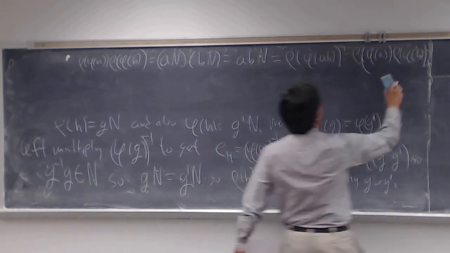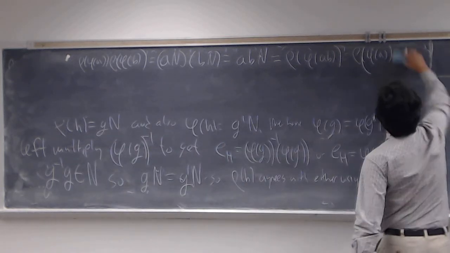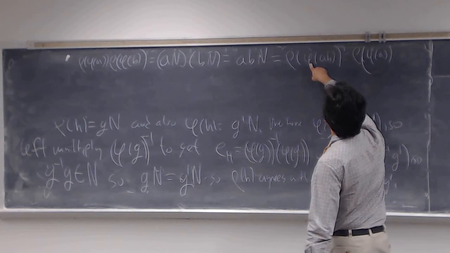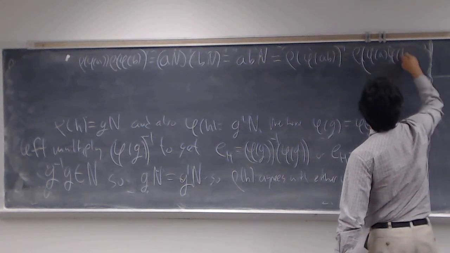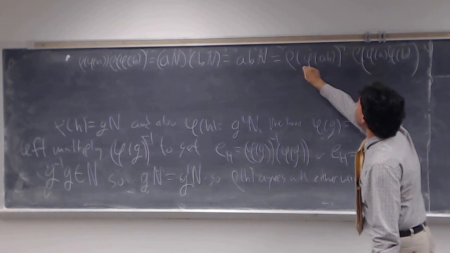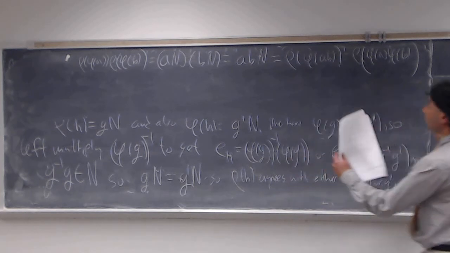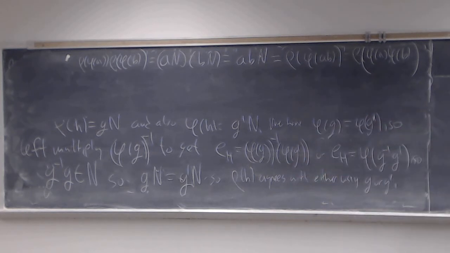I'm just using the property that phi is a homomorphism. So phi of ab is phi of a times phi of b. That's still going on inside the parentheses, before I evaluate that at rho.